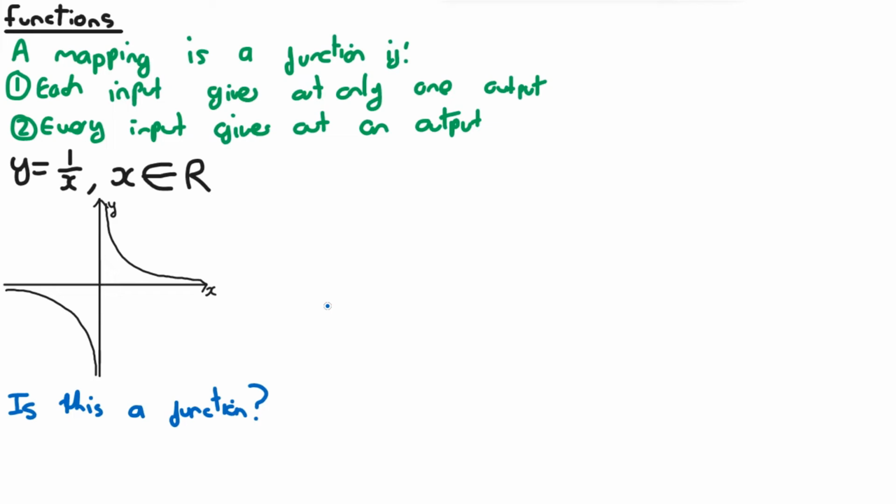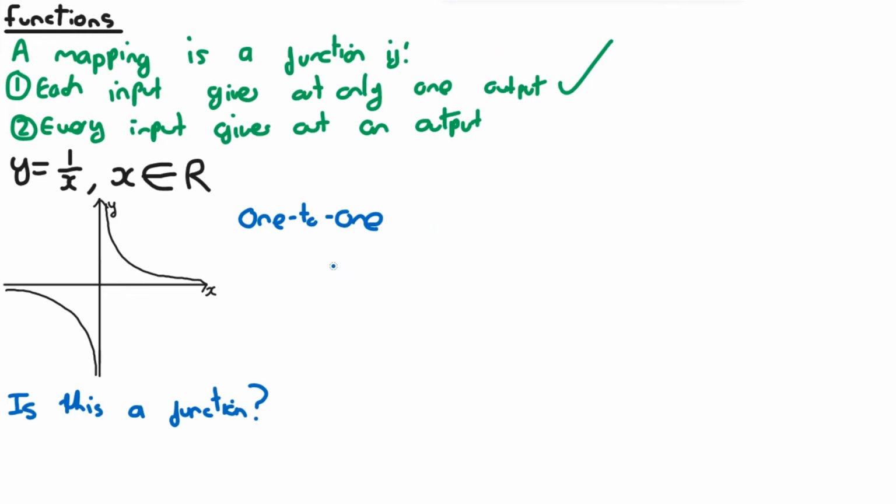So let's consider the first condition, that each input gives out only one output. So this is a 1 to 1 mapping, where every x input gives a different y output. So that's fine, as we said before, that satisfies this first condition here. However, for the second condition, there is one x value that doesn't give out a y value, and we've mentioned this already.